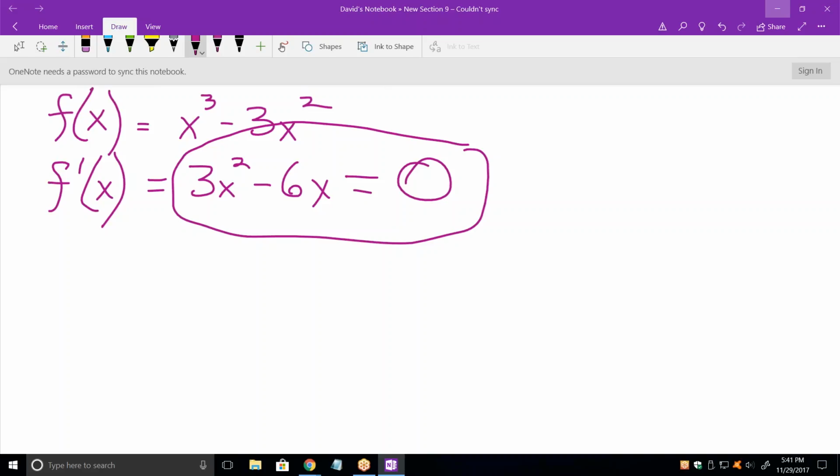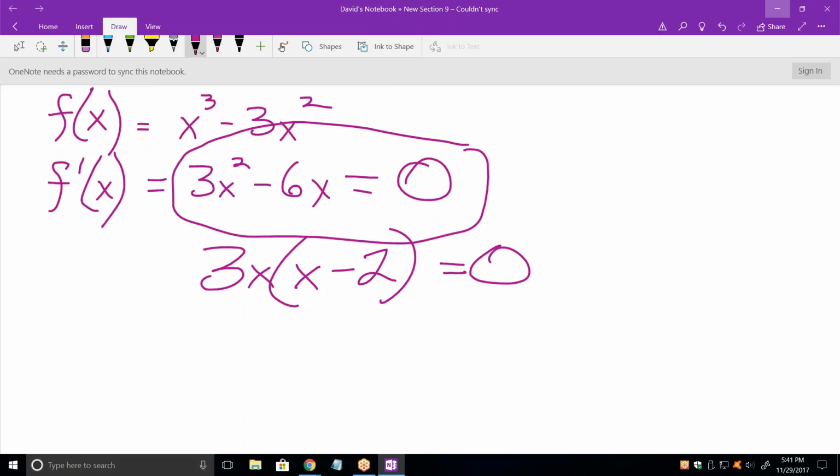You can factor 3x out of it, leaving x minus 2. Then you'd be able to solve it for where x equals 0 and x equals 2.